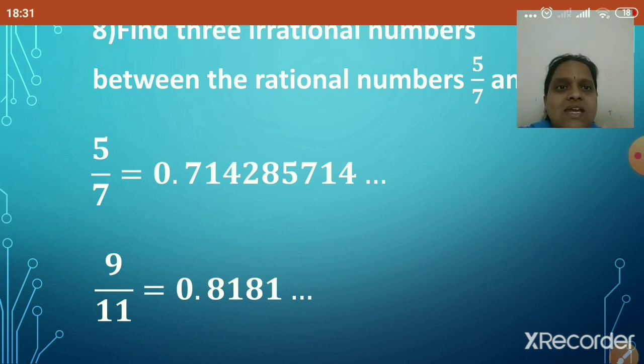So can you write any 3 irrational numbers between 0.71 and 0.81? In between 71 and 81 you can write 0.72, 73, 74 and so on. But it must be an irrational number. So write the next digits which are not repeated. That means non-terminating and non-recurring.